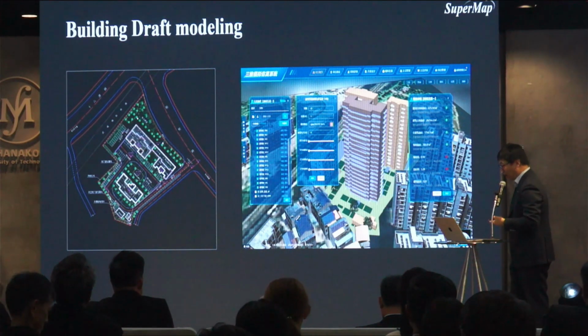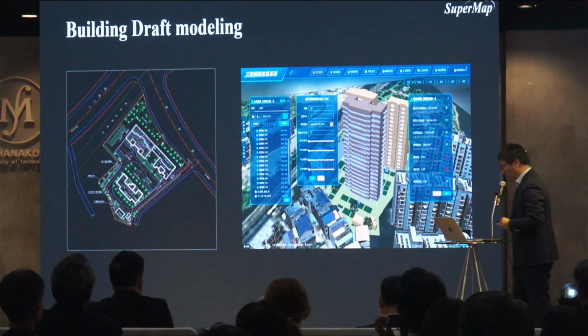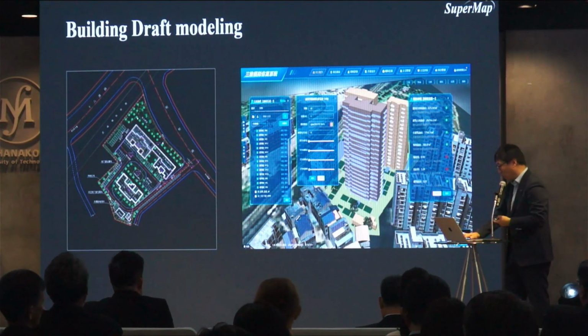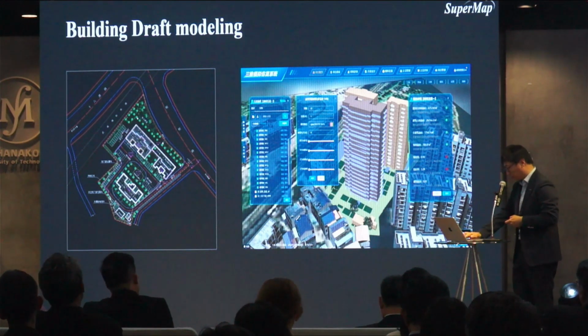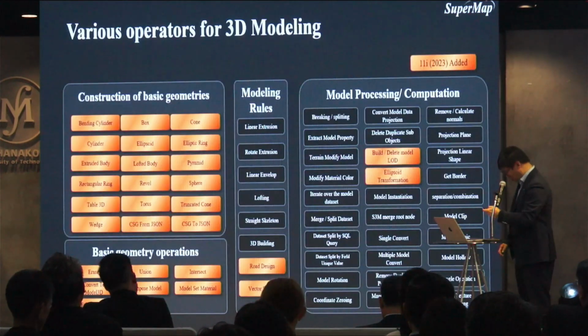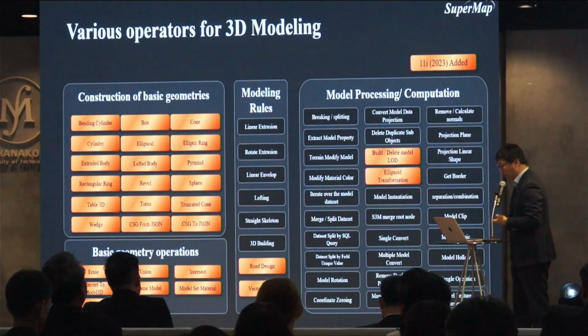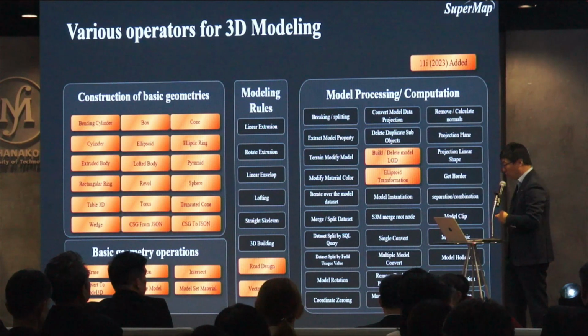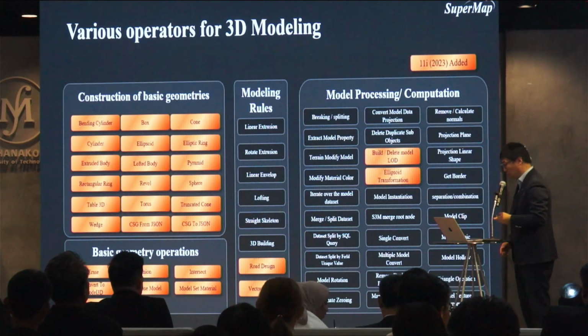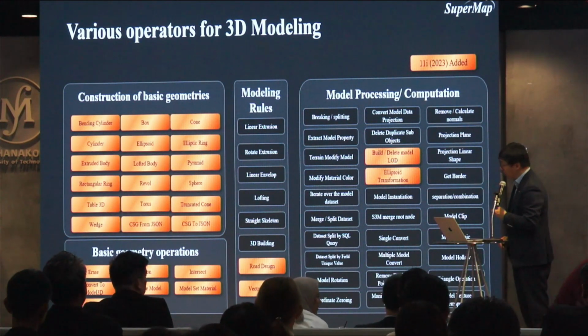We use the 2D architectural design plan coupled with the corresponding planning rules to build the whole campus, with the buildings and parking lots generated automatically. In order to achieve more efficient 3D modeling, we also provide users with a variety of geometry and model operators for more practical modeling capabilities.